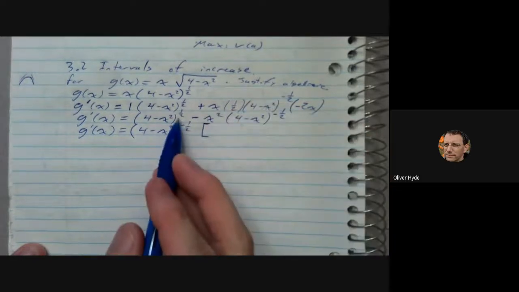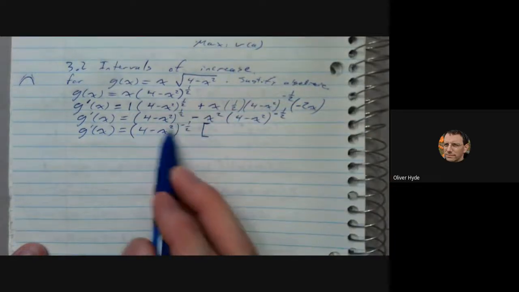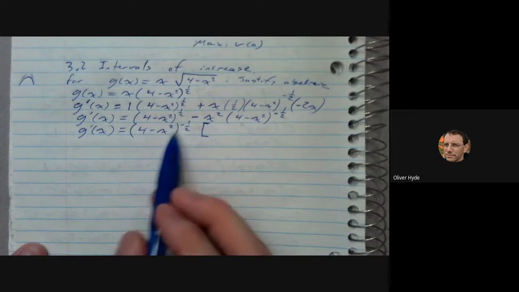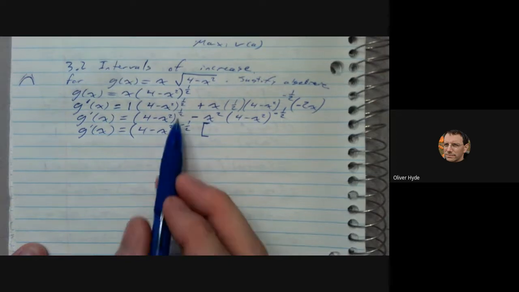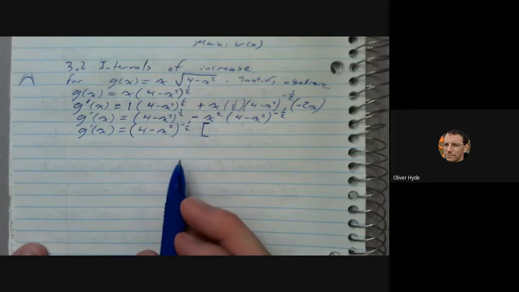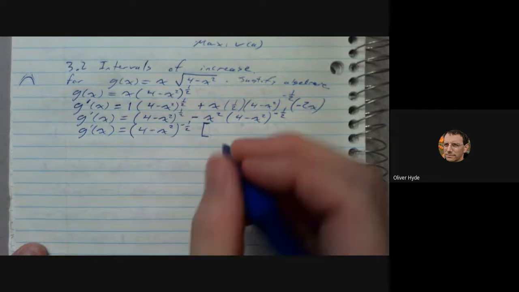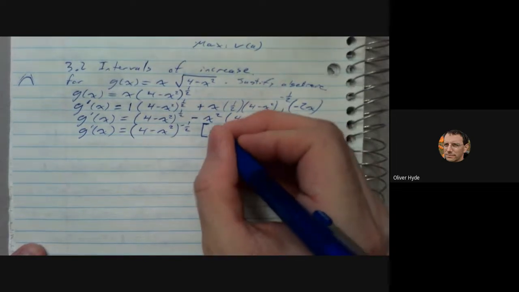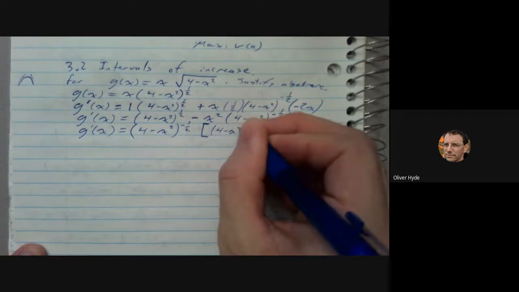Big square bracket to draw my reader's eye. Something to the exponent 1/2 divided by something to the exponent negative 1/2 is the same thing as something to the exponent 1/2 minus negative 1/2. I'll keep my base, subtract my exponents. 1/2 plus 1/2 is 2/2, which is 1. So I am left with 4 minus x squared to the exponent 1.